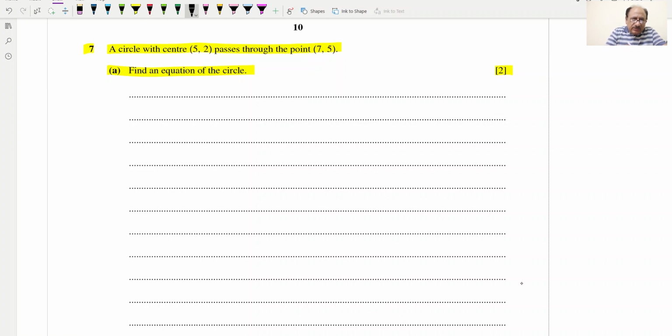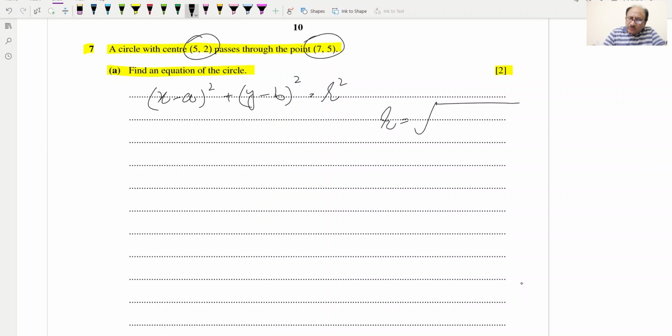We know the equation is x minus a squared plus y minus b squared is equal to r squared, and we can use these 2 points to find r. r will be equal to the square root of 7 minus 5 squared plus 5 minus 2 squared, which is 4 plus 9, so root 13.